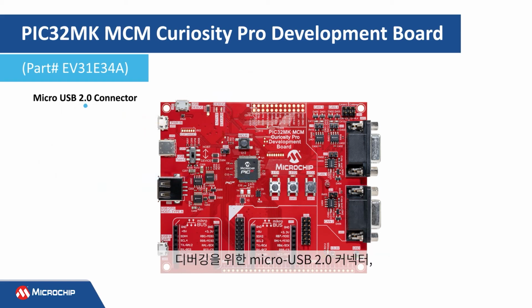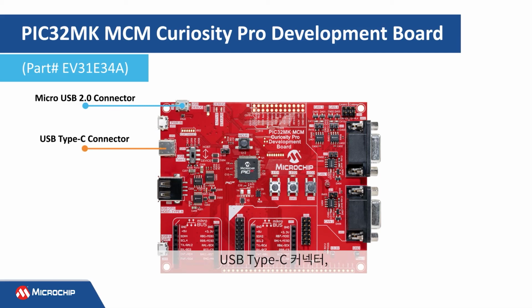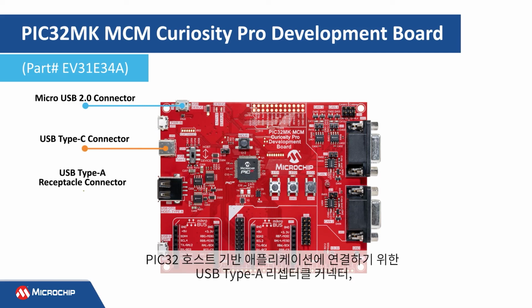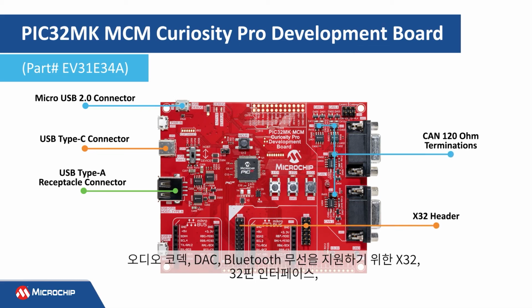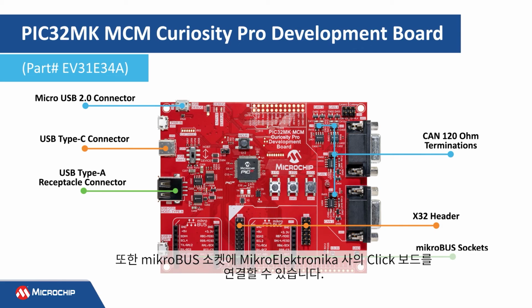There's a micro USB 2.0 connector for debugging, a USB Type-C connection, USB Type-A receptacle for connectivity to PIC32 host-based applications, CAN 120 ohm terminations, an X32 32-pin interface to support audio codec, DACs, and Bluetooth radios, and users can add MikroElectronika click board functionality through the microbus sockets.